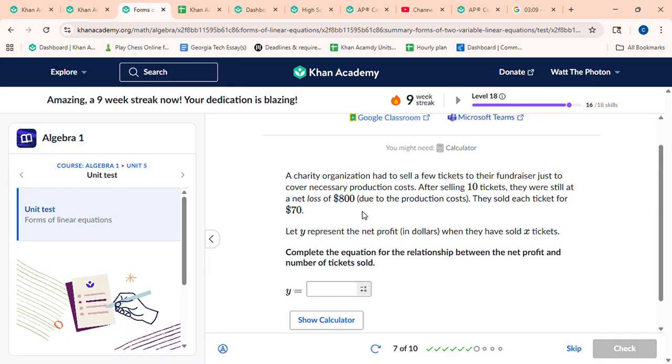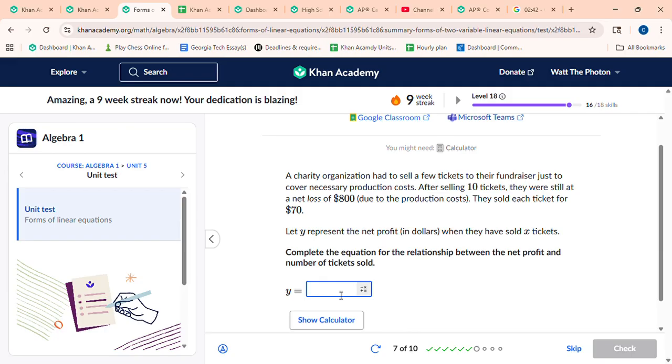So we have negative 800 is equal to 70 times 10 plus a constant. That's 700. Subtract that, that's negative 1500 equals C.